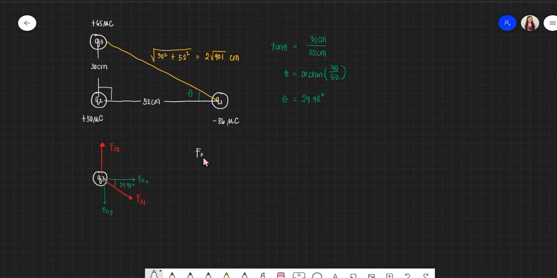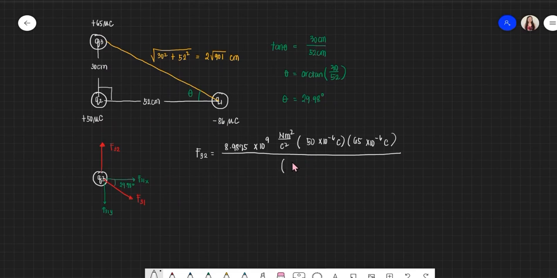So F32 is 8.9875 times 10 to the power of 9 newton meter squared per coulomb squared times Q2, which is 50 times 10 to the negative 6 coulombs, and Q3 is 65 times 10 to the negative 6 coulombs, divided by the distance between them, 30 centimeters or 0.3 meters, squared.